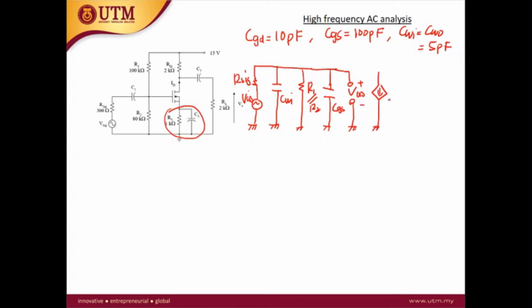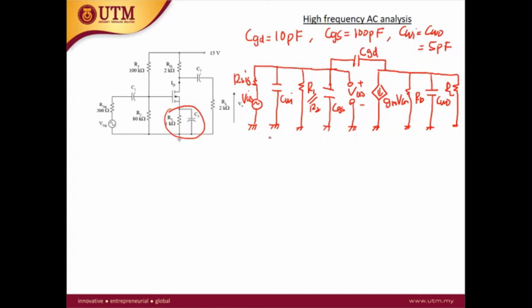You have the current source, GM VGS. Between the source and drain, the value is not mentioned, so you can ignore the CDS. So we have here your RD, and then at the output, we have the CWO, and lastly, we have your RL. Do not forget the CGD. So this is the high frequency equivalent circuit.